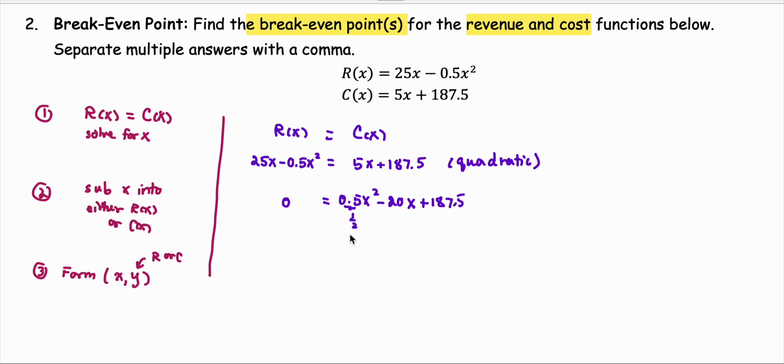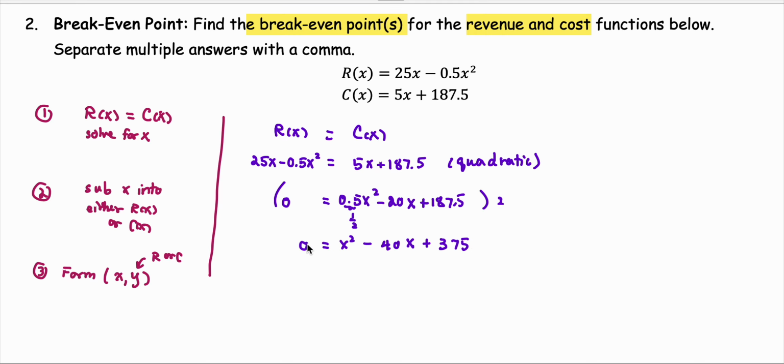So we have 0 equals x squared, and if we multiply the whole thing by 2, the leading coefficient is 1, next is 40 times x, and plus 187.5 multiplied by 2, which turned out to be 375.